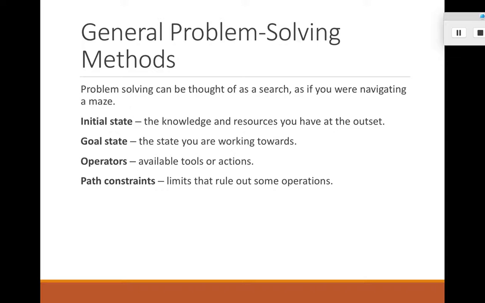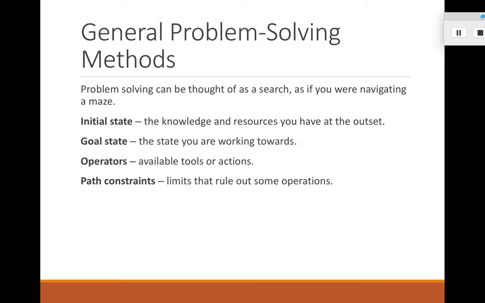And that may be an operator. So in other words, at my initial state, I don't have the resources in terms of money, but the operators, some actions or tools that I can use along this road from point A to point B, is to work harder every single day, year after year, so that I can save some money to buy a house.